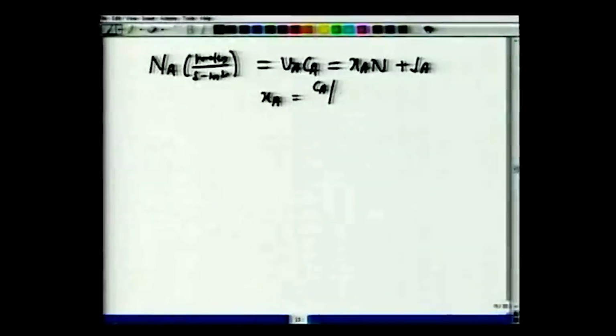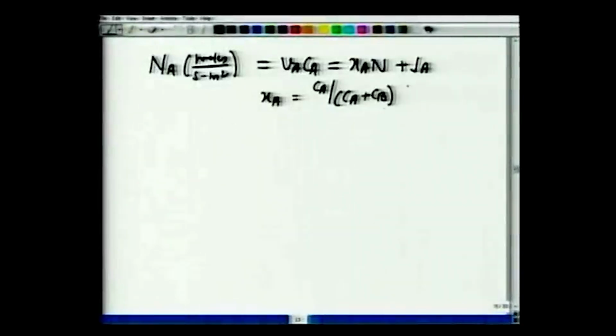And we can write x_A, the mole fraction, as C_A over C_A plus C_B. And J we can write as we defined earlier. This is nothing but C_A (U_A minus U bar).